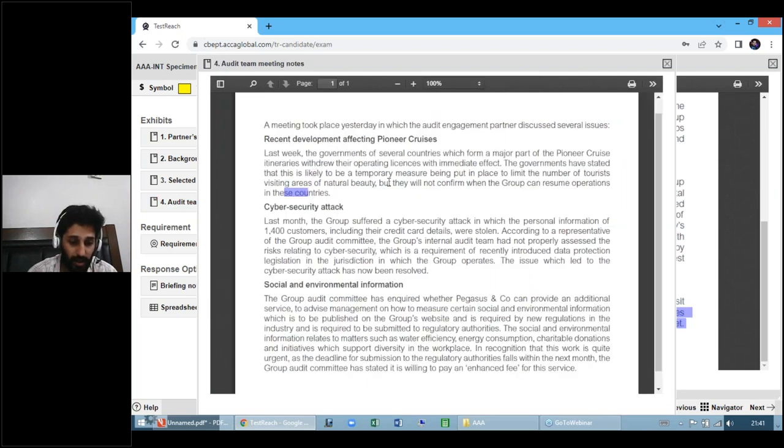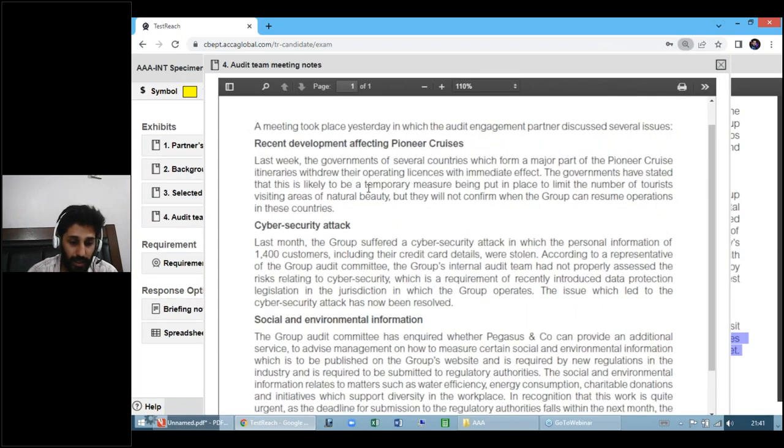And what is written here? It is written here that the government of several countries related to the Pioneer Cruise traveling journey withdrew their operating licenses. Can you please tell me, all of you, which accounting standard is being applied here?